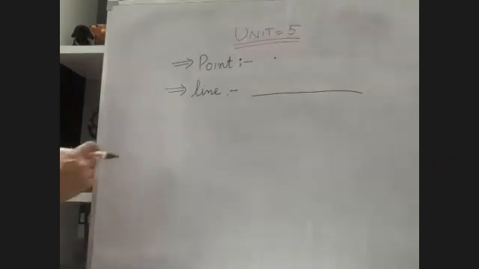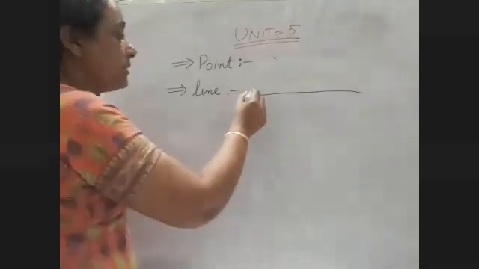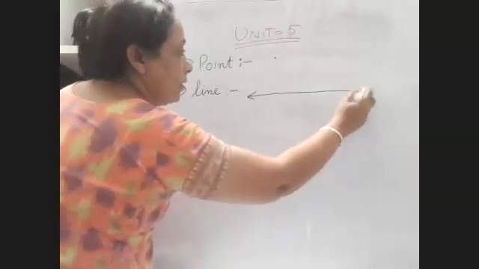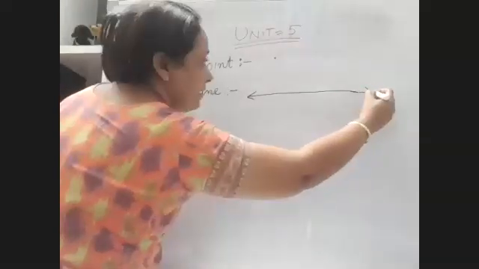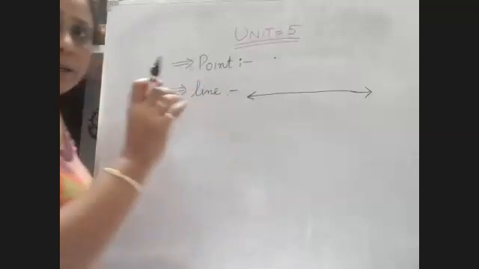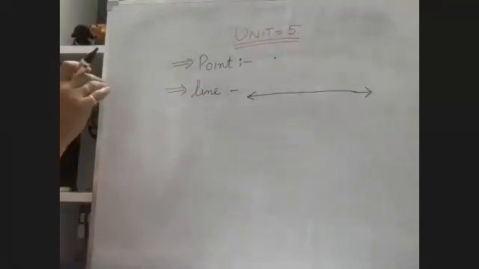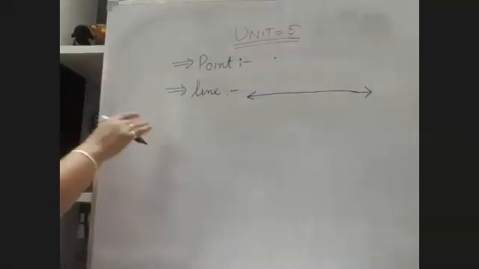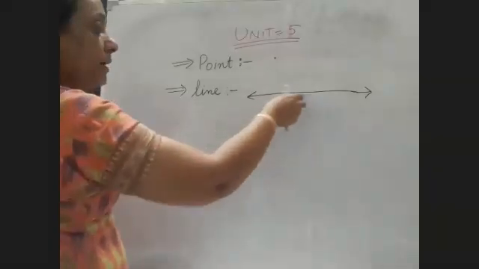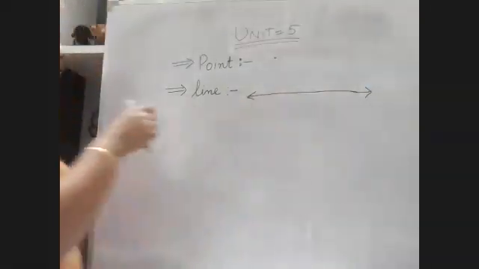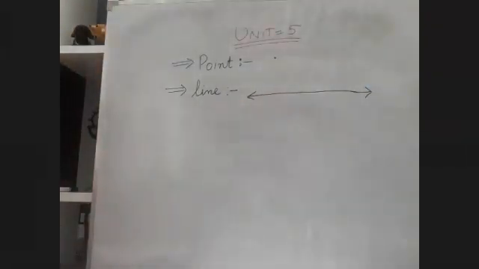So basically, students, a line can be extended on both sides. So we can't measure the length of a line with the help of a scale, because a line is extended on the left hand side and on the right hand side.